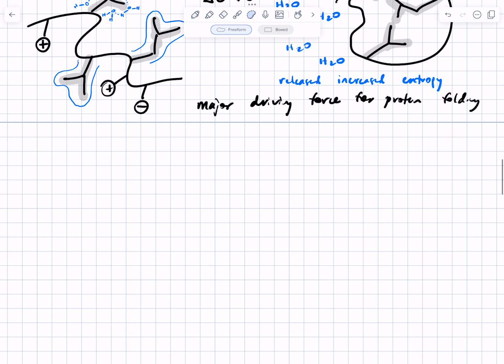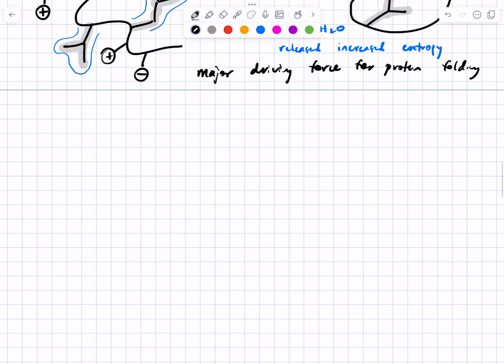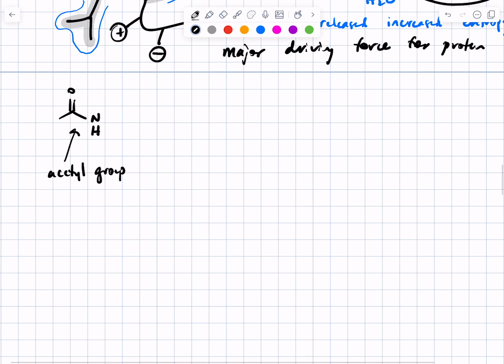So this is a real peptide or protein sequence that I've made before. For this particular sequence, it's been modified such that the N-terminal group is tied up in an amide bond. This is an acetyl group. That doesn't happen a lot in nature, but this is a synthetic peptide that we've made in my lab that other people have made. So this nitrogen is the N-terminal nitrogen.